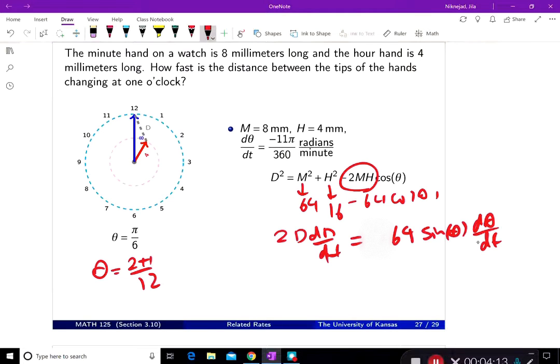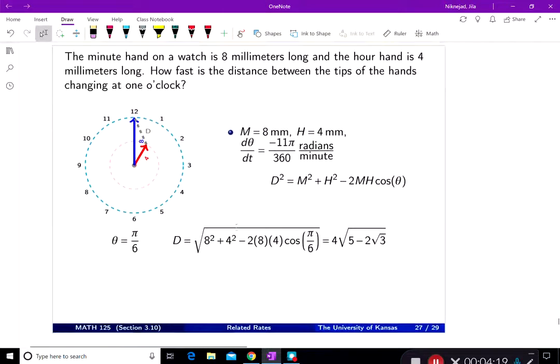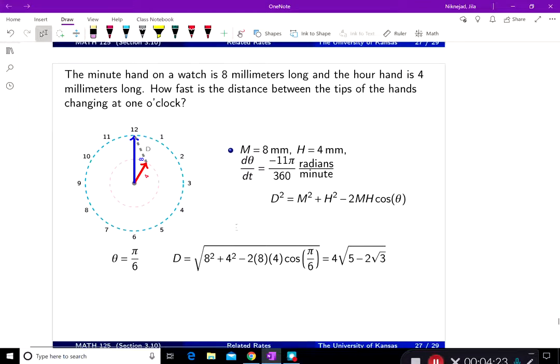And I know d theta/dt, and all I need to do is to find d. We plug the values into the law of cosines to find d, and we have all the values, and we also have theta.